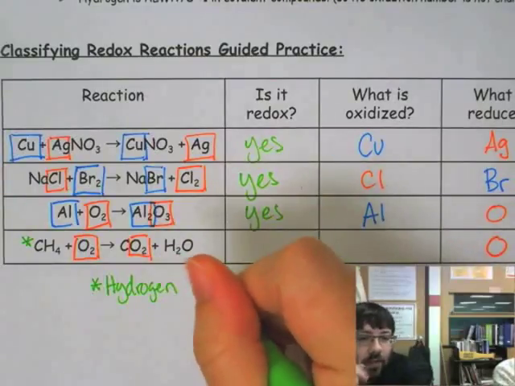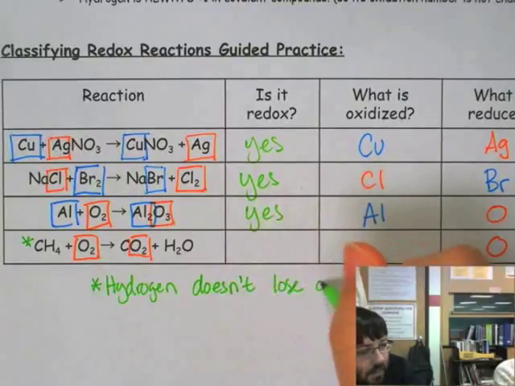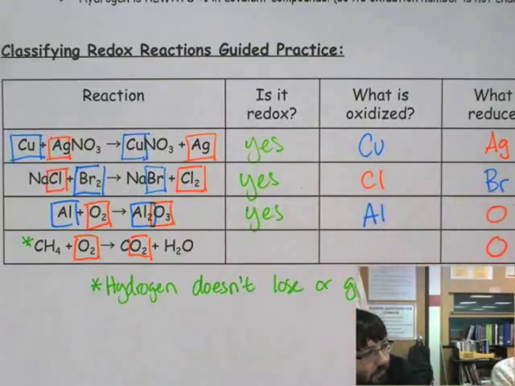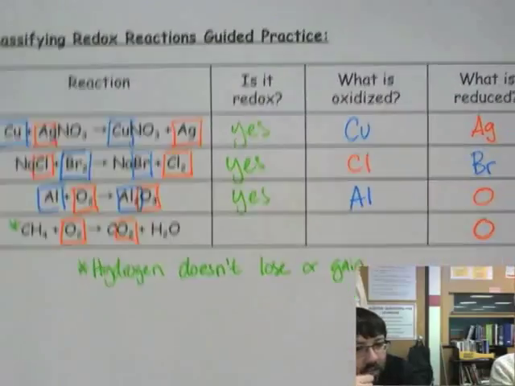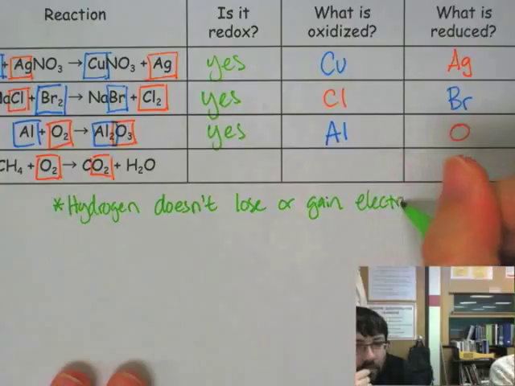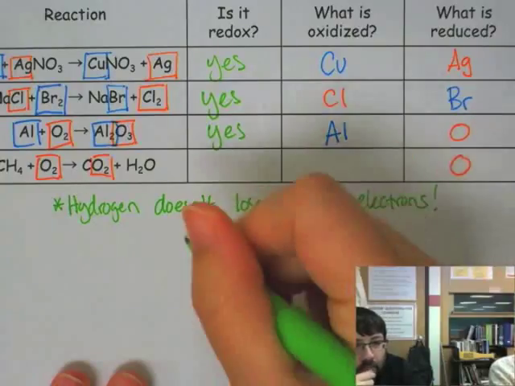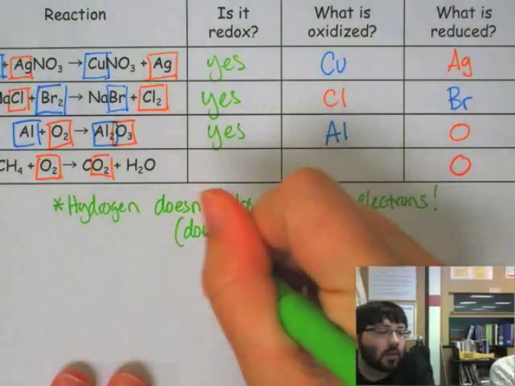Well, if hydrogen's a plus there, then that means that the carbon is a minus. So we can make a note right here. Hydrogen doesn't lose or gain electrons, so it doesn't change. Oh, you know what I just remembered?